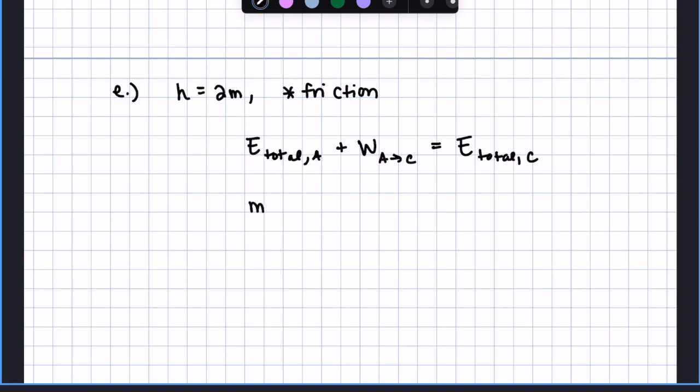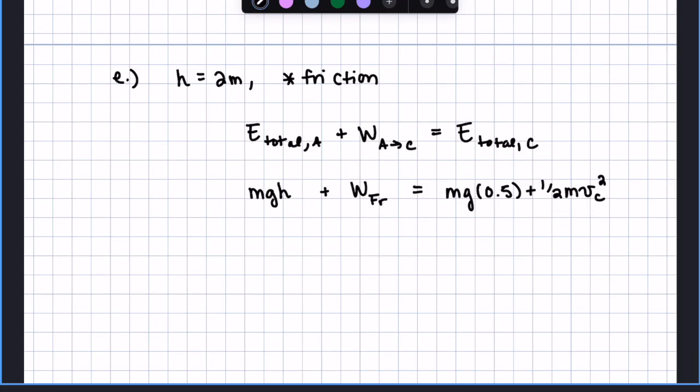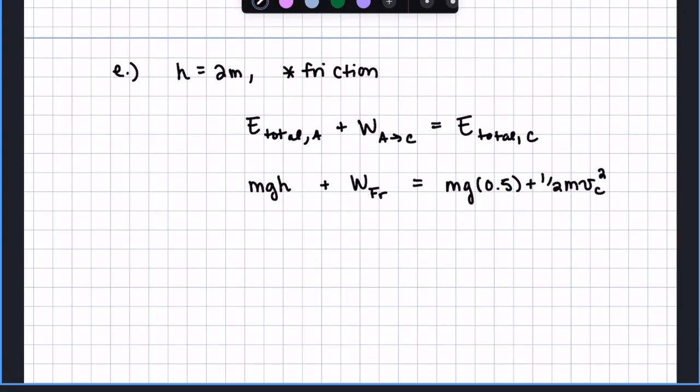So as I start to substitute things in, I will just write that as work with an FR subscript, so that way I know it's the work from friction. And then otherwise this is going to look pretty much the same, which is why I skipped a little bit of steps of writing out just the potential and kinetic energies before subbing stuff in.